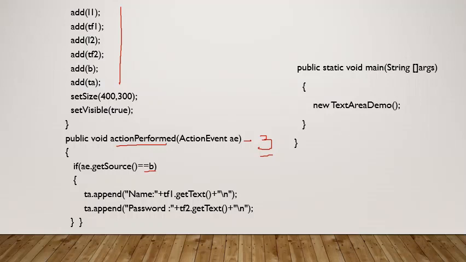So you can directly write in this actionPerformed method, with open and close curly braces, TA.append. Now what is the effect of append? It will not overwrite the content. It will keep my original content as it is, and at the end of that content it will add the new content. So for example, if you have written data once, one set of name and password will be displayed. Again you change some name in the text field and click on the button again.